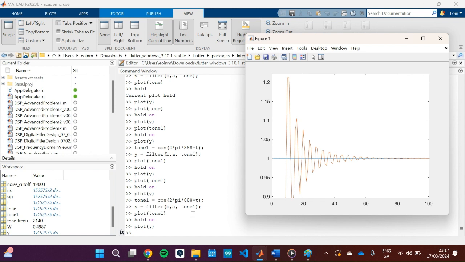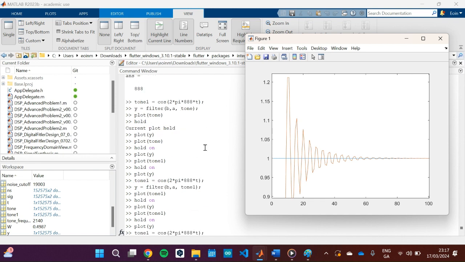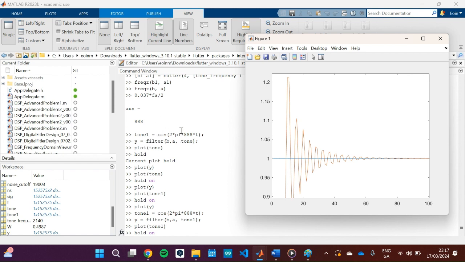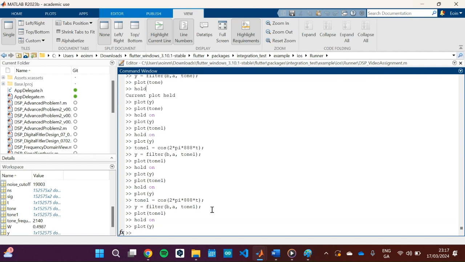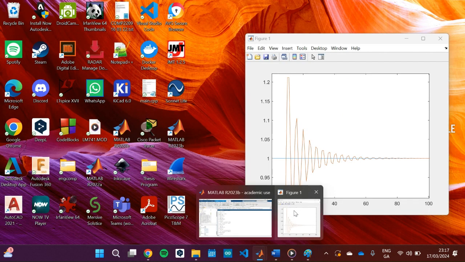What is happening there? Tone 1 is cosine 2 pi 888t. Y is filter B A tone 1. That's strange, and I've done it before, and this hasn't worked. I don't know what's happening there. It shouldn't look like that.